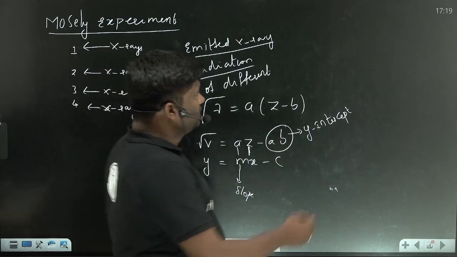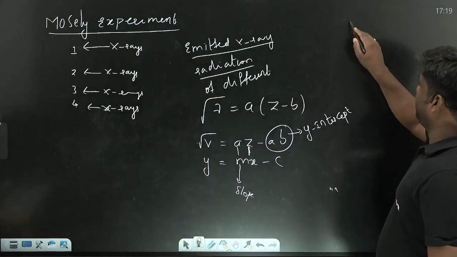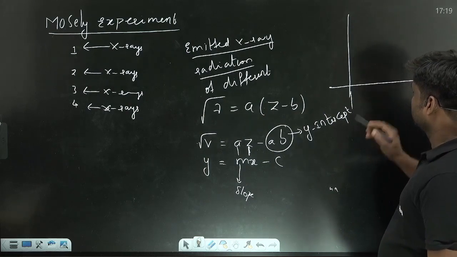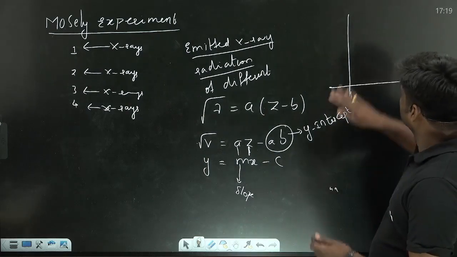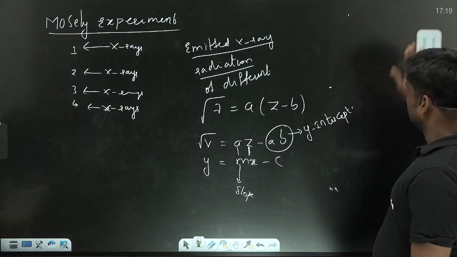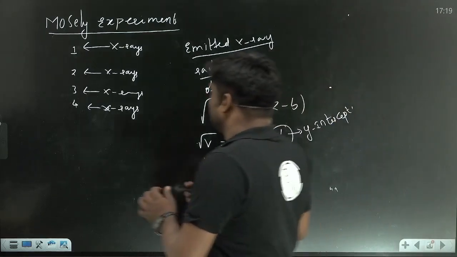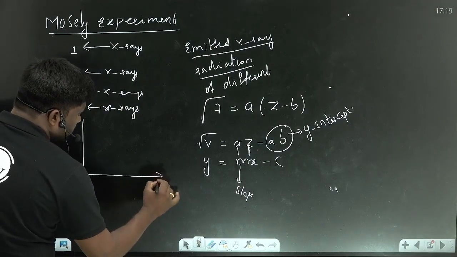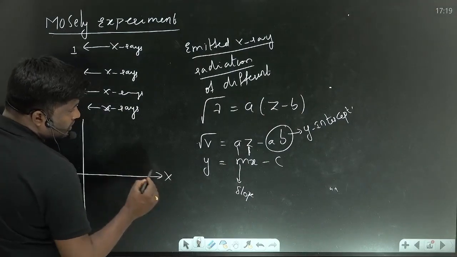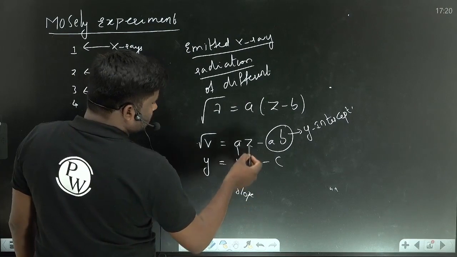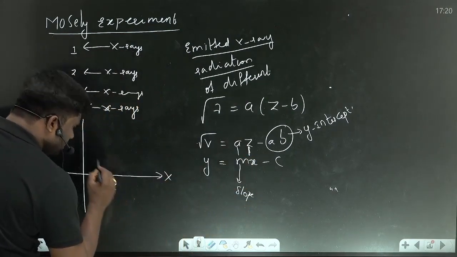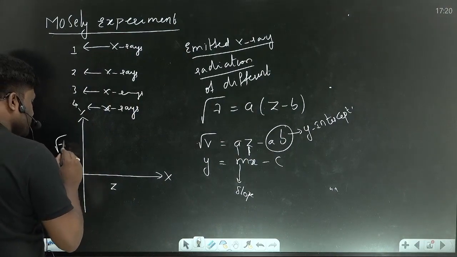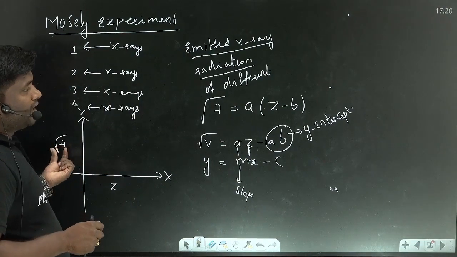It means he drew a graph between them. On the x-axis he took Z, the atomic number, and on the y-axis he took the frequency of emitted X-ray radiation.